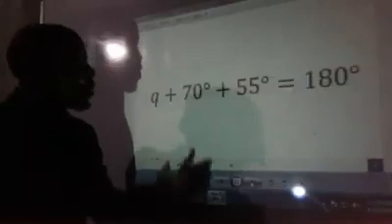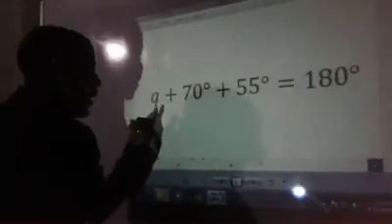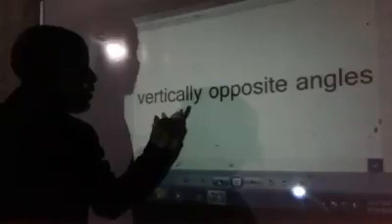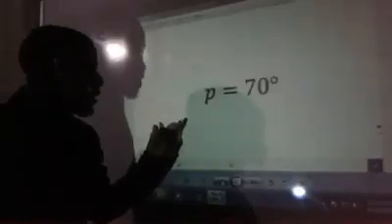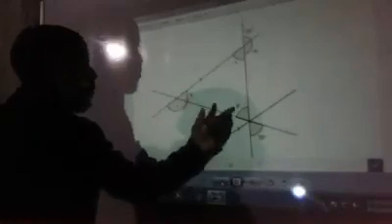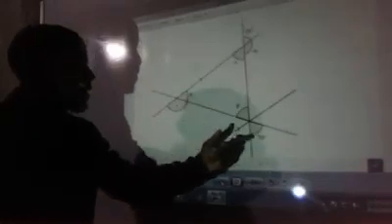Moving along. So we have P as 70 degrees, N as 55 degrees, and M as 125 degrees.